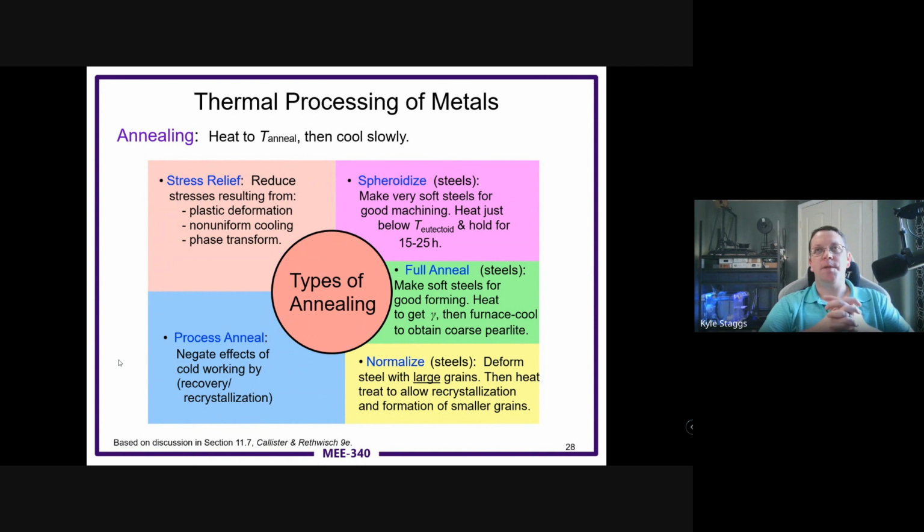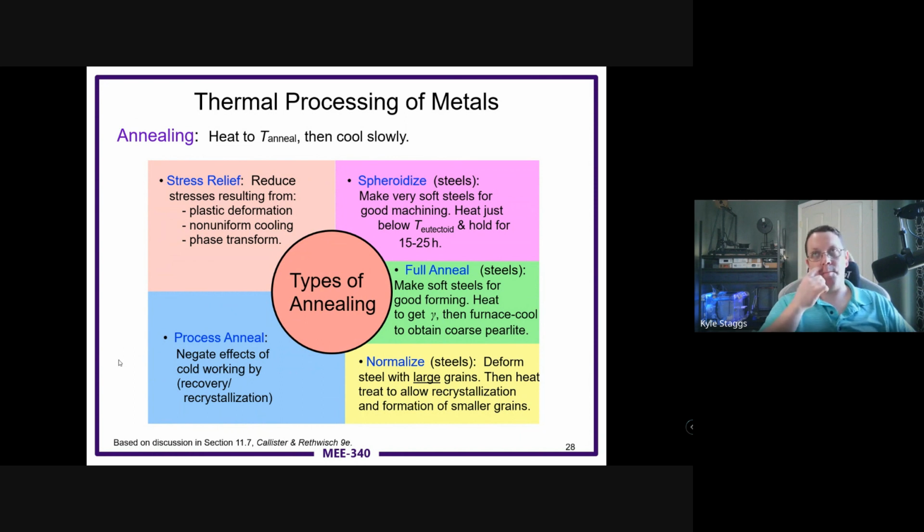Spheroidizing is often for machining purposes. So you're trying to heat it just below the eutectoid point and hold it there. That helps to even out some of the grains and allow them better mobility at higher temperatures.